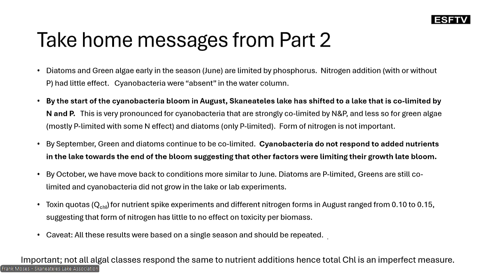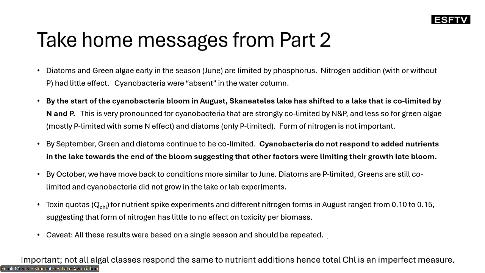This is very pronounced for the cyanobacteria, which were strongly co-limited by nitrogen and phosphorus. Much less so for the green algae, and there are reasons, we can talk about that, and not at all for the diatoms. Diatoms remained phosphorus limited at that point in time.